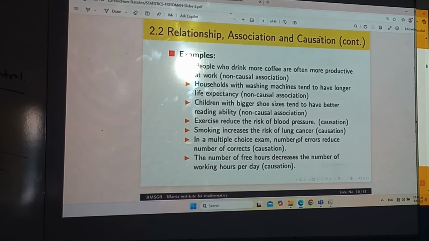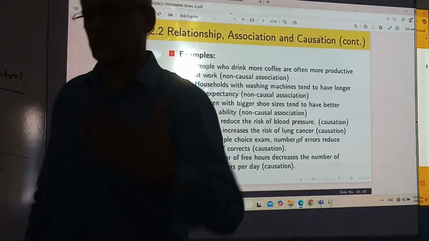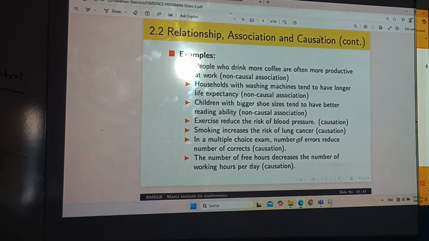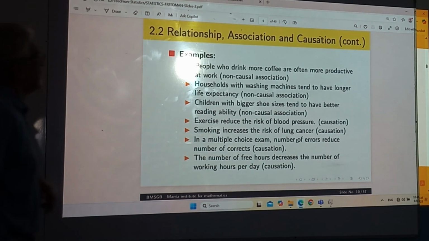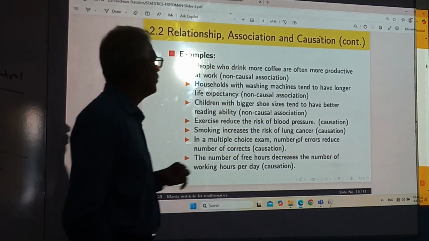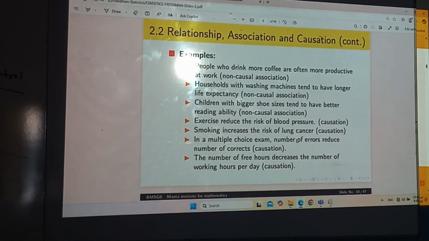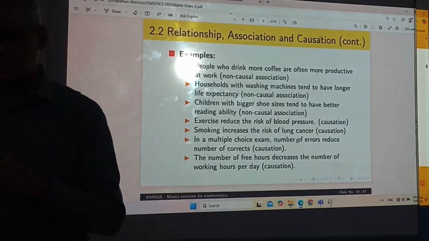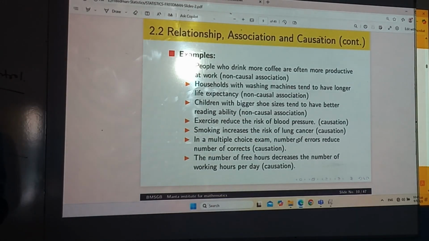So I have given here a few examples of non-causal associations and causal associations. For example, one might say people who drink more coffee are more productive. Can we say that coffee is making people productive? If that is possible, then it will be a causal association.